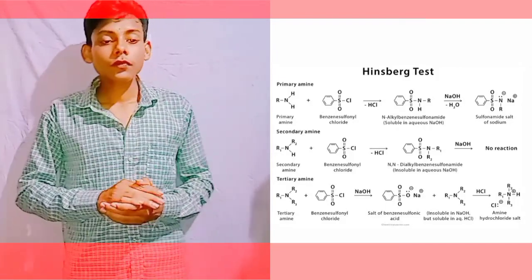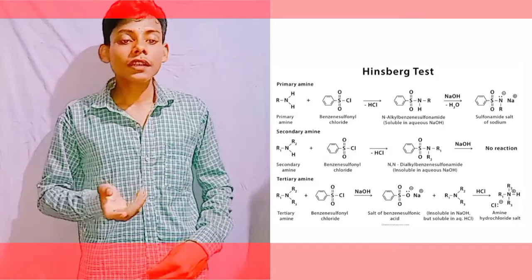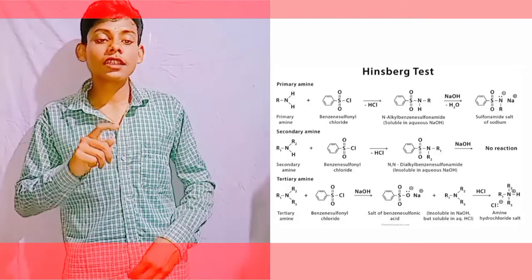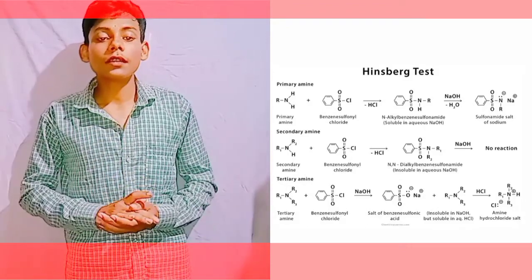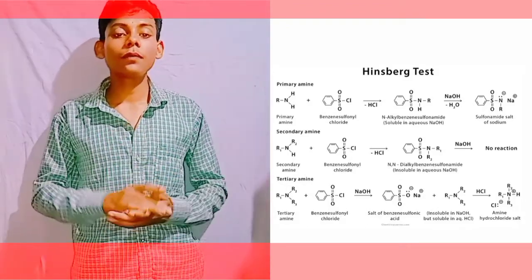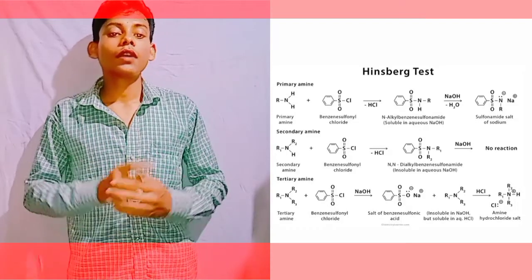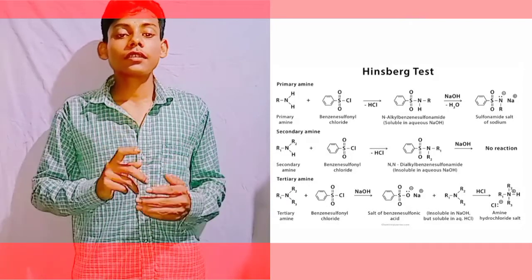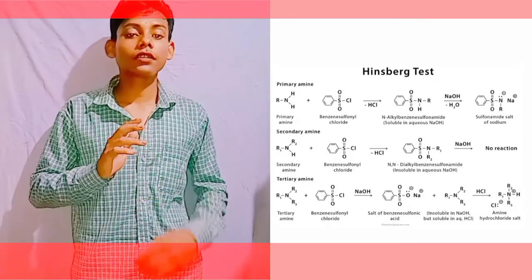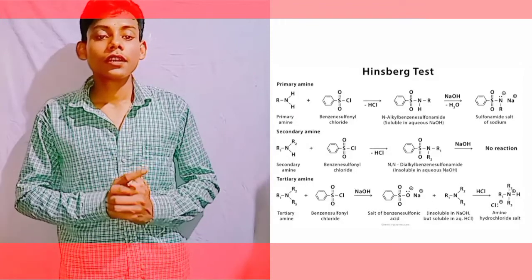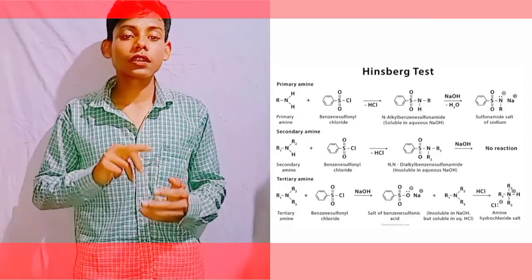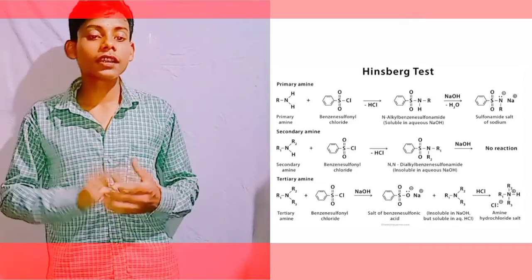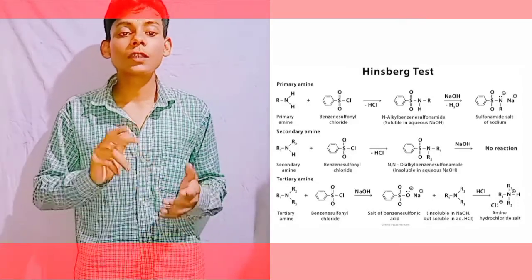Now, 1-degree amine reacts with Hinsberg reagent, that means C6H5SO2Cl, to form 1-degree N-alkyl benzenesulfonamide. This is soluble in NaOH. When it reacts with 2-degree amine, the product is insoluble in NaOH. But 3-degree amine does not react with Hinsberg reagent.